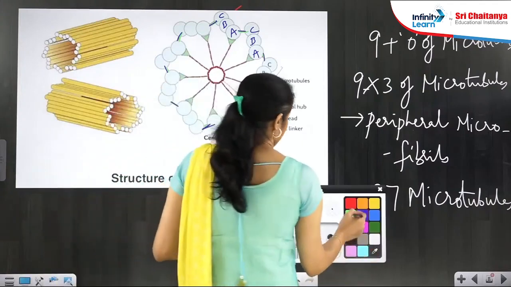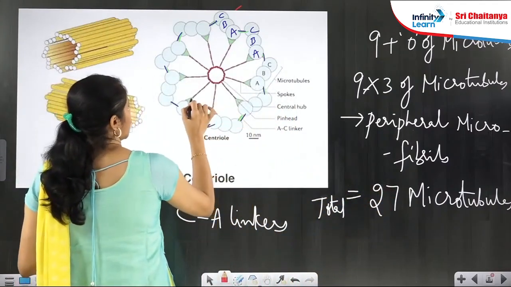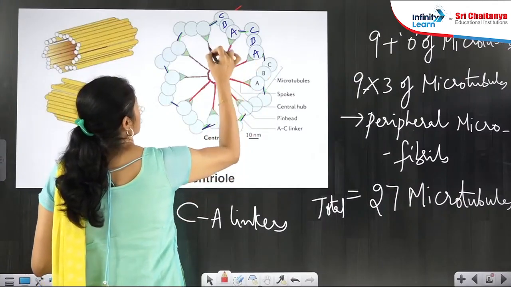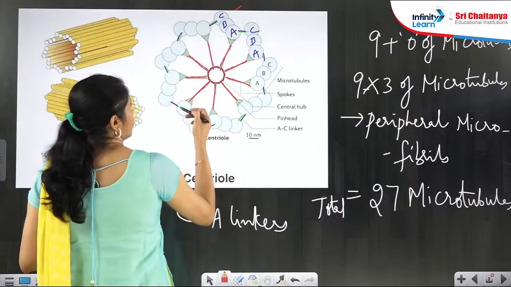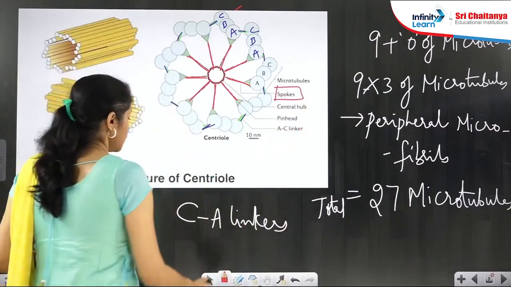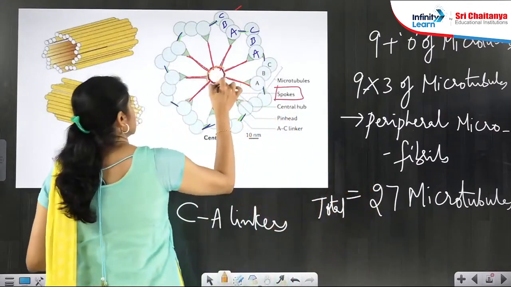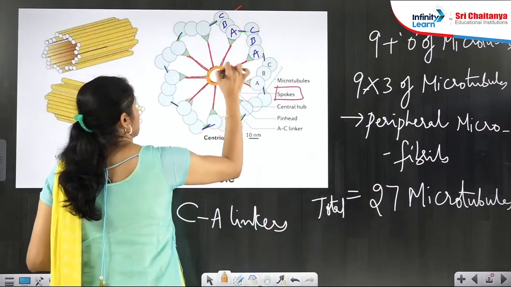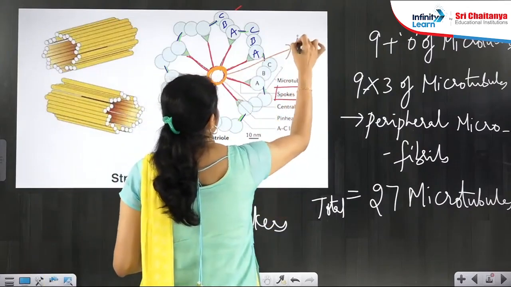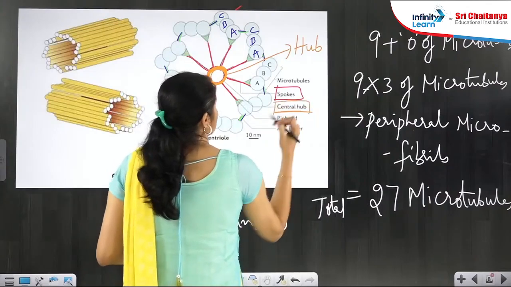And then you can see here that this A will be connected to the central hub by the radial spokes. These are called radial spokes. Okay, and the central region which is present in the center, this one, is called the hub, the central hub.